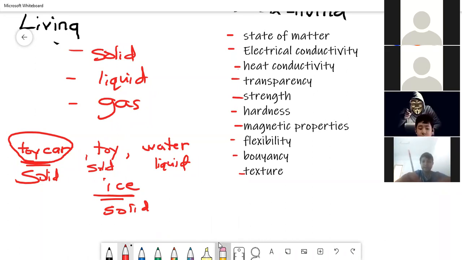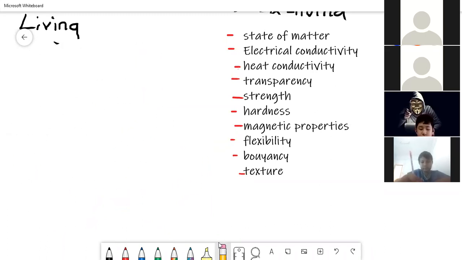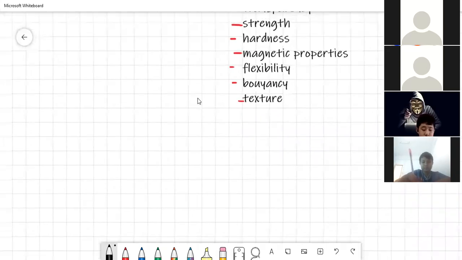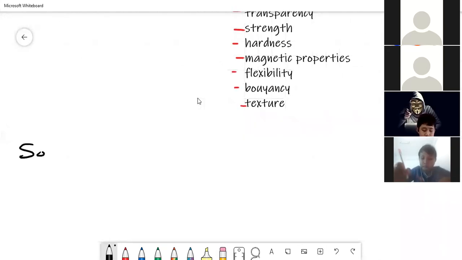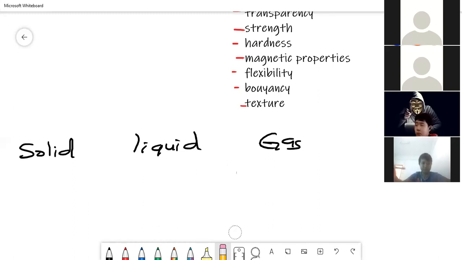For example, let's put an example here. Let's say solid, liquid, and gas. I will tell you the object, and then tell me if that is solid, liquid, or gas.